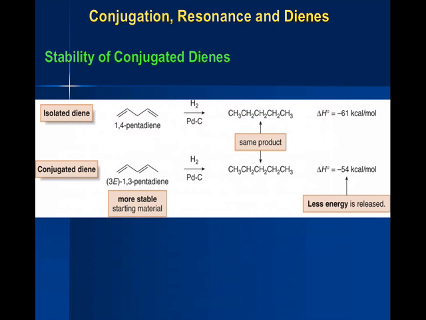That's right. So if this is pentane on the energy diagram, where would we put the 1,4-pentadiene and where would we put the 1,3-pentadiene? If this is the energy axis and this is pentane, where would I put the conjugated one? Okay, maybe here. And where would I put the non-conjugated one?